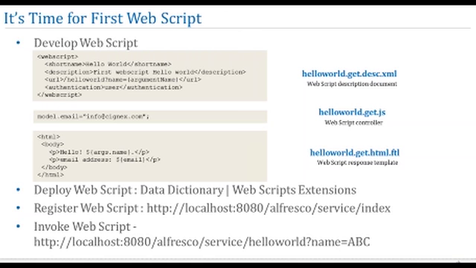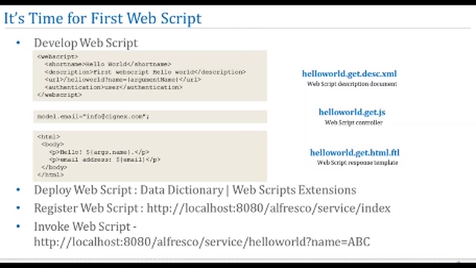Once you have placed these files over there, the next thing to do is register the web script. So we can hit this particular URL, that is HTTP, your host name, then the port on which your Alfresco has been deployed, then alfresco/service/index. Once you hit this particular URL and click on Refresh Web Scripts, it will register our web script.